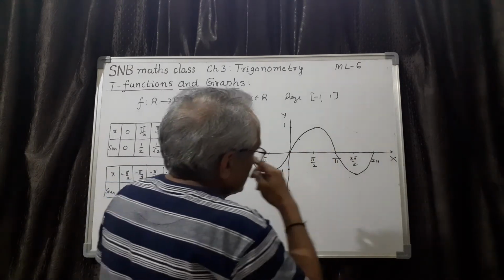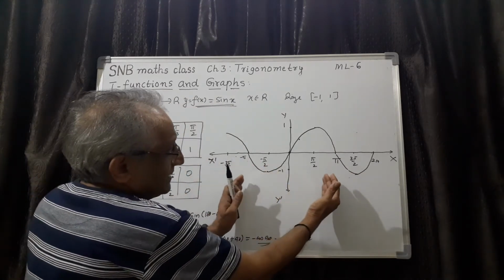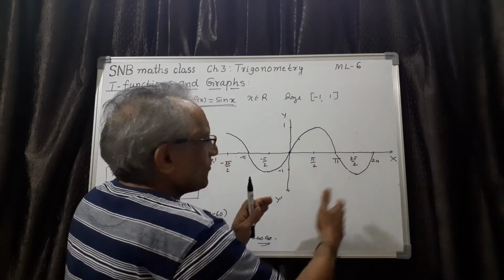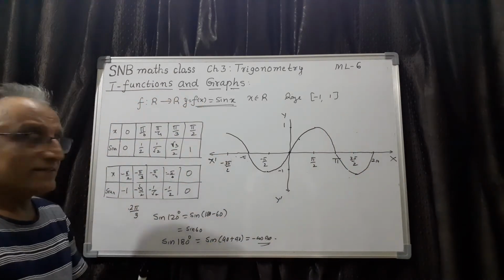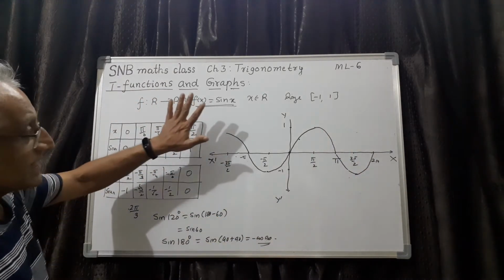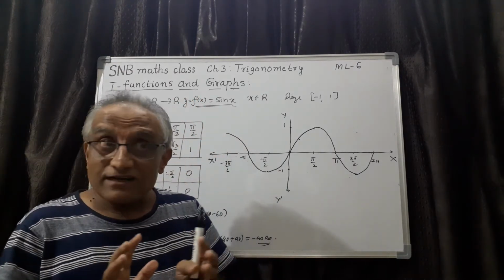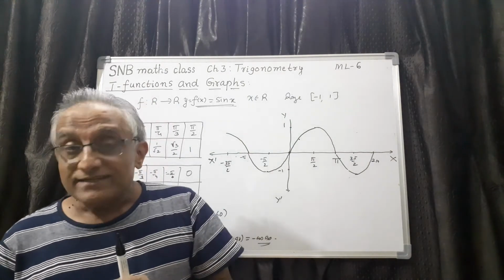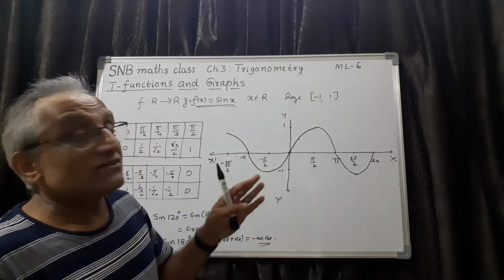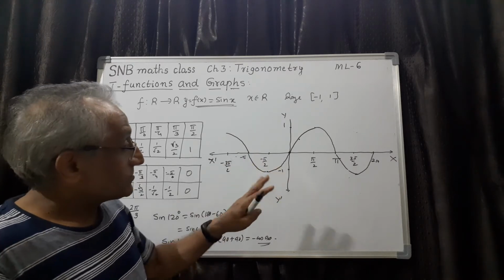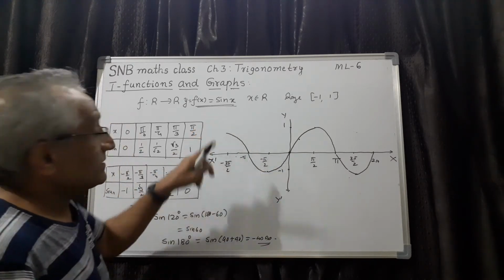Once again increasing. So in one branch it is increasing, in another branch it is decreasing. All these natures we can understand from the graph. So this is the sine graph, and it is very essential to draw the graph and remember it, so that it is easy to identify whether the function is sin x or cos x or tan x. So this is the first graph, right?